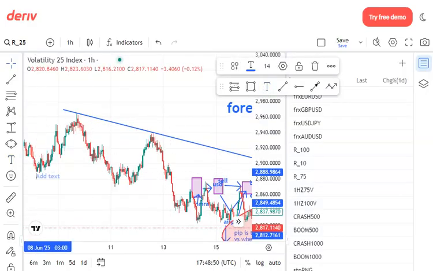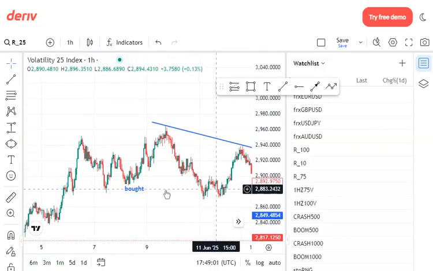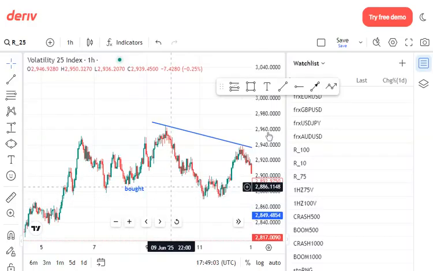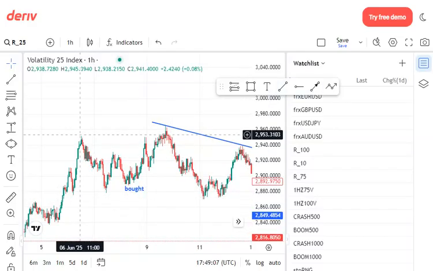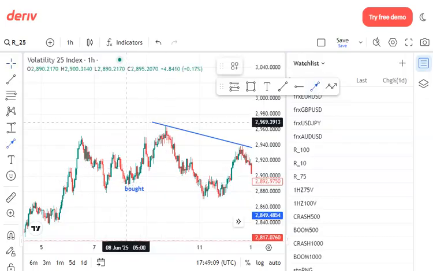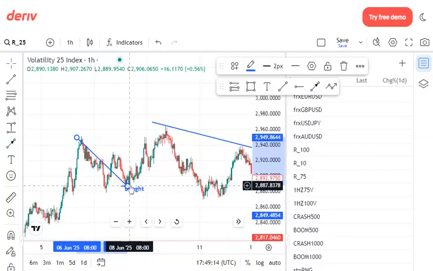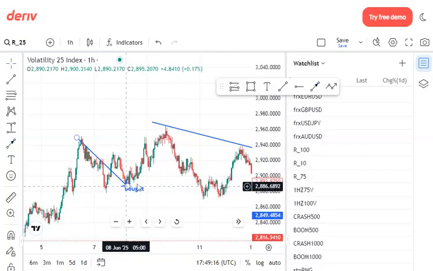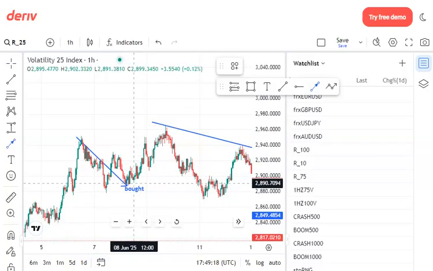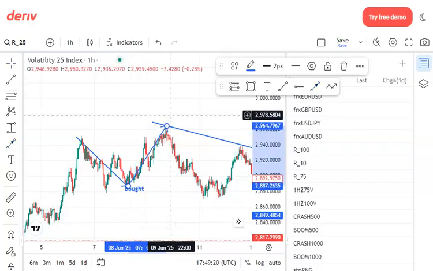The terminology is if we bought here, the price was low. This was on the 8th of June. The market went from this point to this point. It was low, so we bought, and when we bought, we took our profits here.